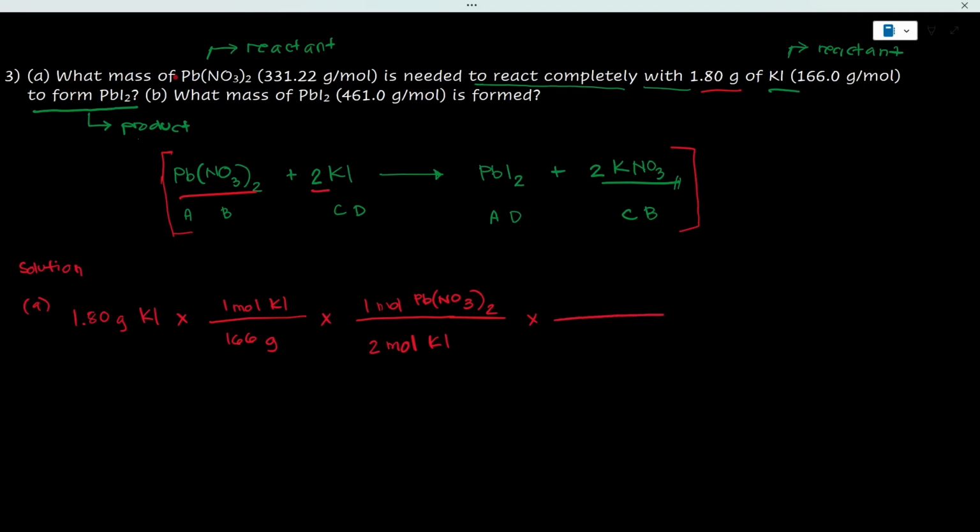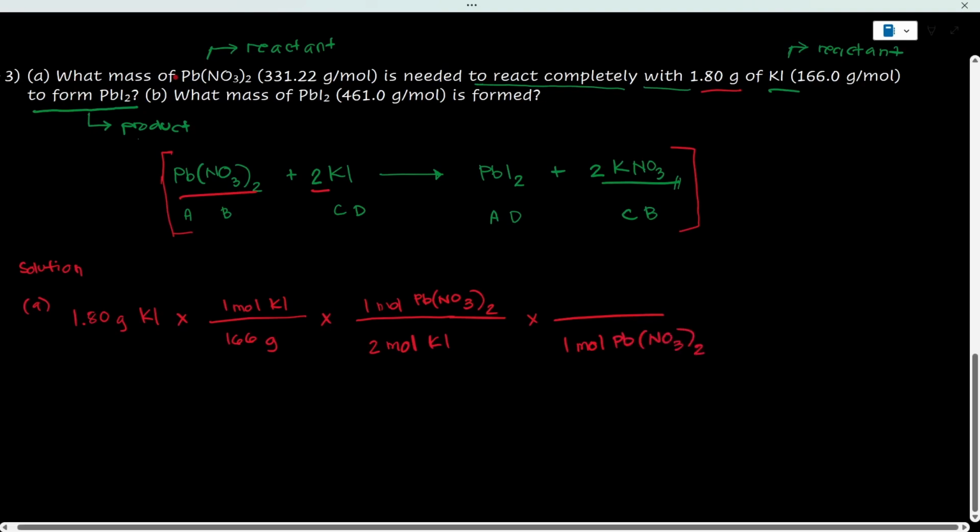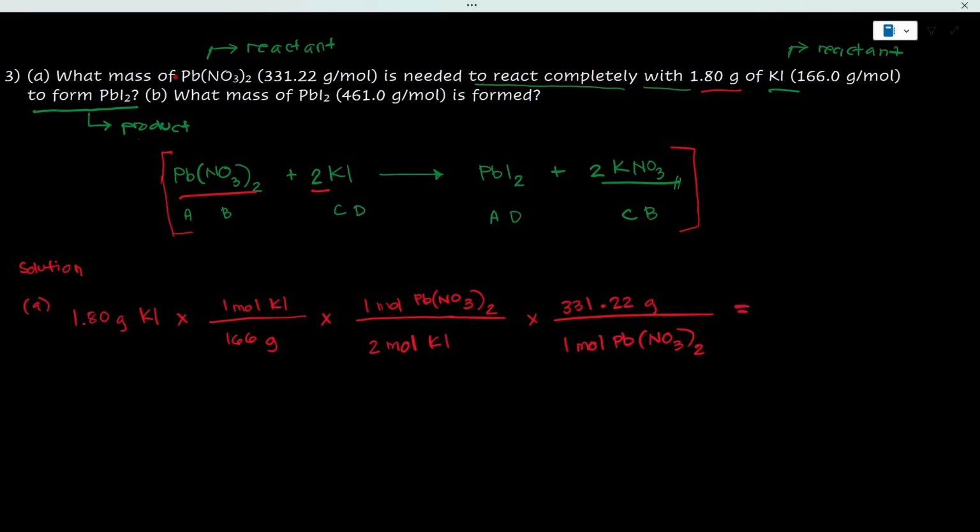And from this, we can use the molar mass of PbNO₃. 1 mole of PbNO₃ is 331.22 grams. So we can cancel grams KI, mole KI, and mole PbNO₃, leaving us with the gram unit of PbNO₃. And let's solve this, and that would be 1.795 grams or 1.80 grams. Okay, so that's the answer for problem A.